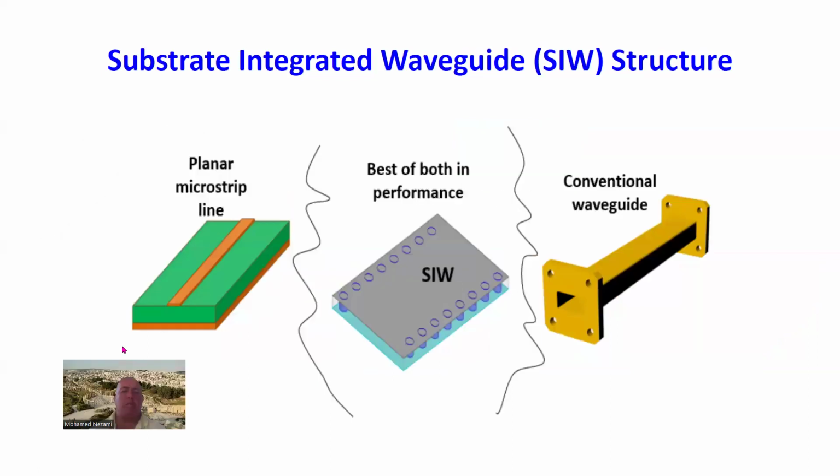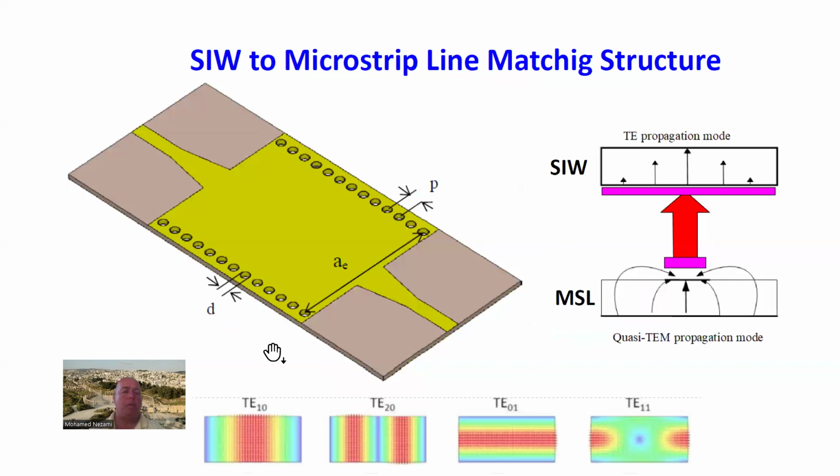So in essence, the substrate integrated waveguide, I borrowed this from IEEE publications, is the best of both in performance between a conventional waveguide, which is rigid, heavy, and not integratable with PC boards, and planar microstrip lines.